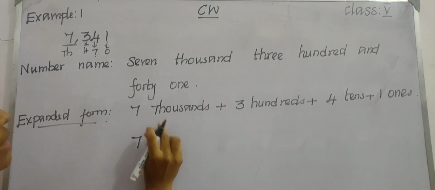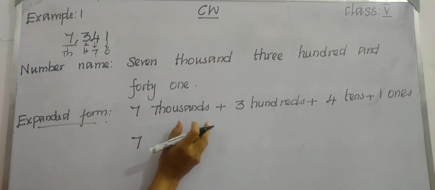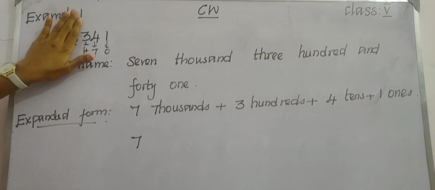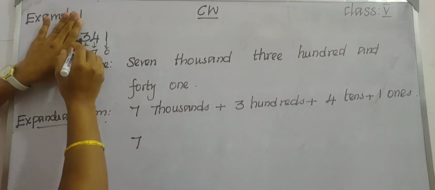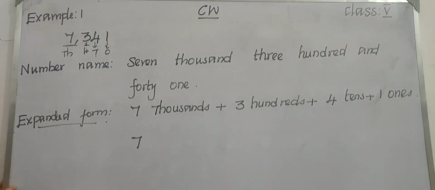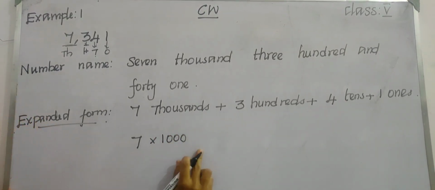How will you expand this? See, 7,000s. We know 1,000 means we have 3 zeros. Or else we can hide the 7 now. For thousands we can count the digits 1, 2, 3. How many digits are we having? 3 digits, right? So we can put 3 zeros. So it is 7,000. We need to put 7 into 1,000.